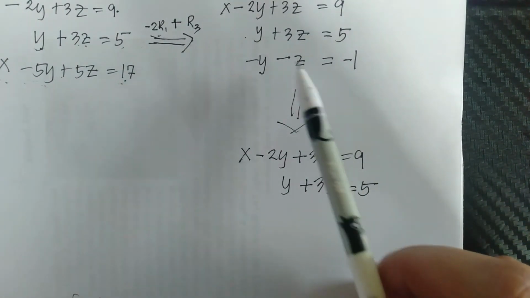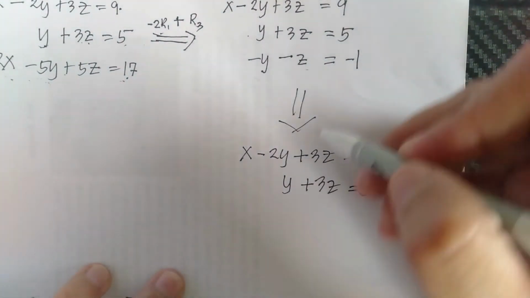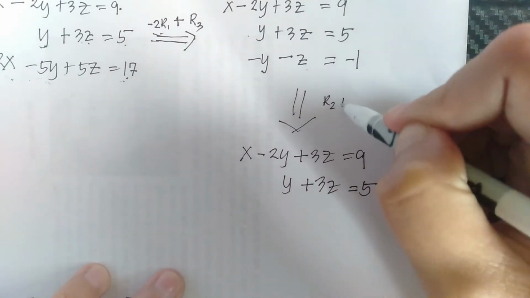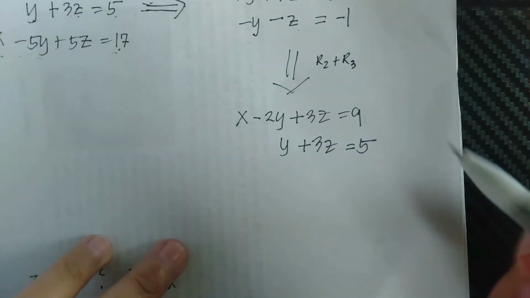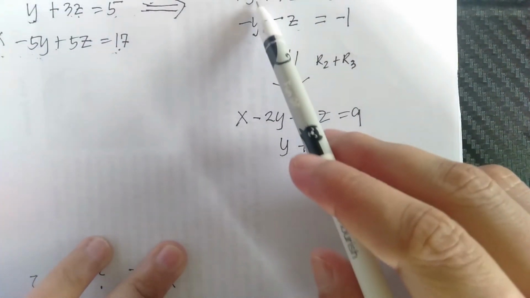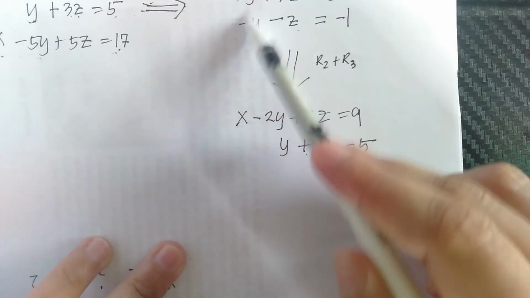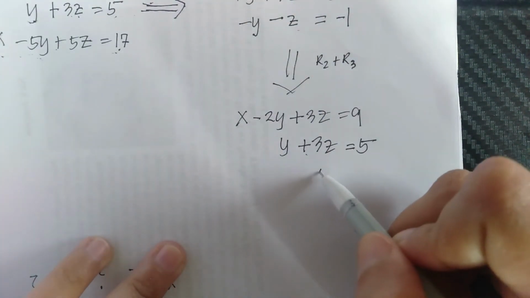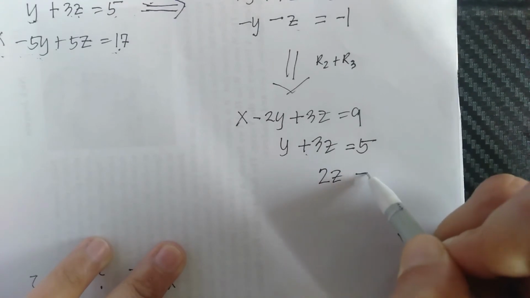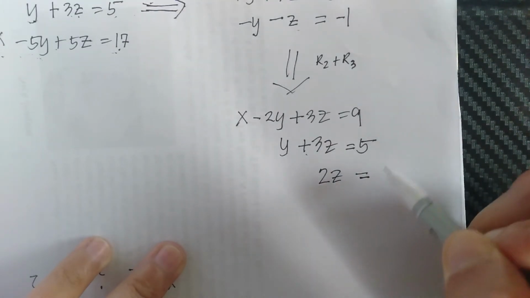The third equation is the sum of R2 plus R3. The sum of R2 and R3 cancels y, and it becomes 2z equals 4.